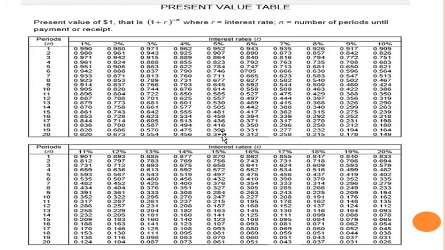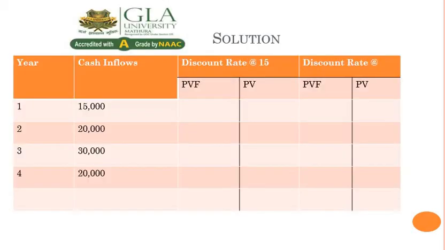That table is given in many books, whether financial management, industrial economics, or any book where this topic is covered. Or, as I told you previously, we can calculate it very simply with a calculator. For 15%, it is 1 upon 1.15, because the formula is 1 plus R, where R is 15%.